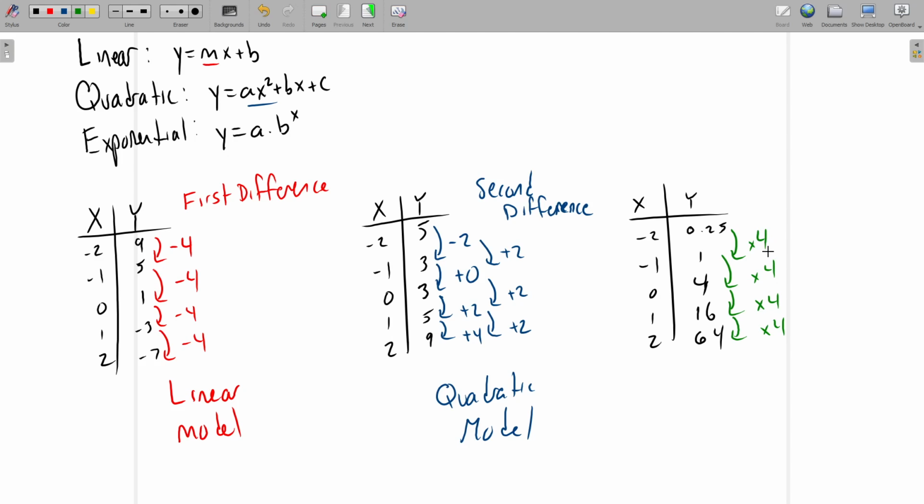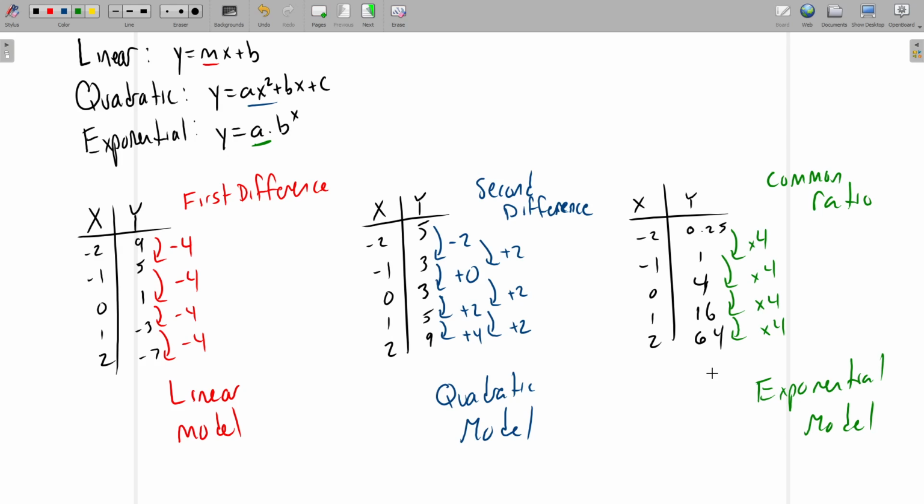So we see that this is all multiplication, which is different than the first and second examples that we looked at where we had to add or subtract the same number. We are now multiplying by the same number. And so this is a common ratio. And this common ratio correlates to the b value in an exponential model.